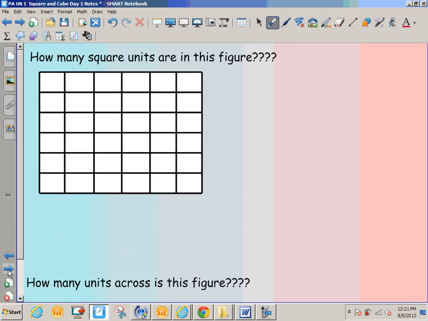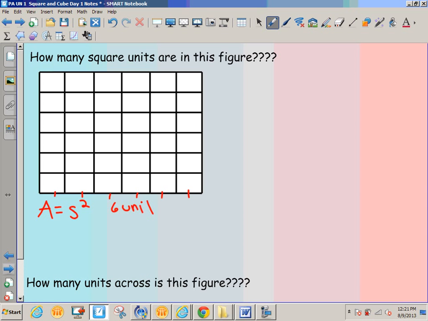Let's take another example like that. It says how many square units are in this figure? So yeah, obviously I could go and count each square unit that I see, but instead of doing that, let's just use and remember the formula of a square. So area is equal to side squared. So we're going to count 1, 2, 3, 4, 5, 6.